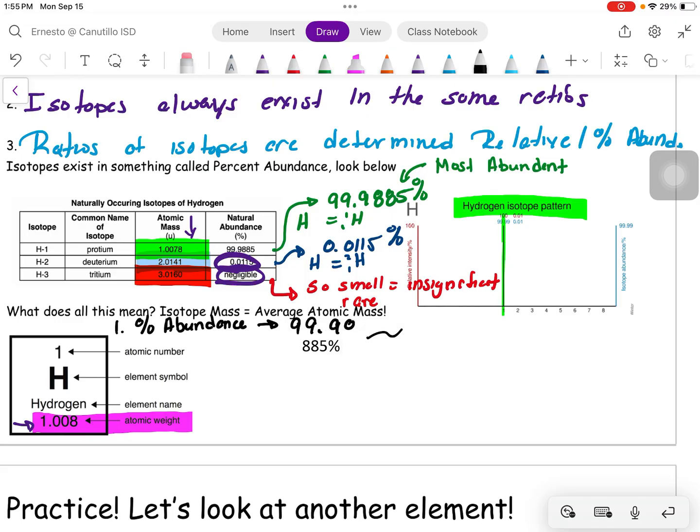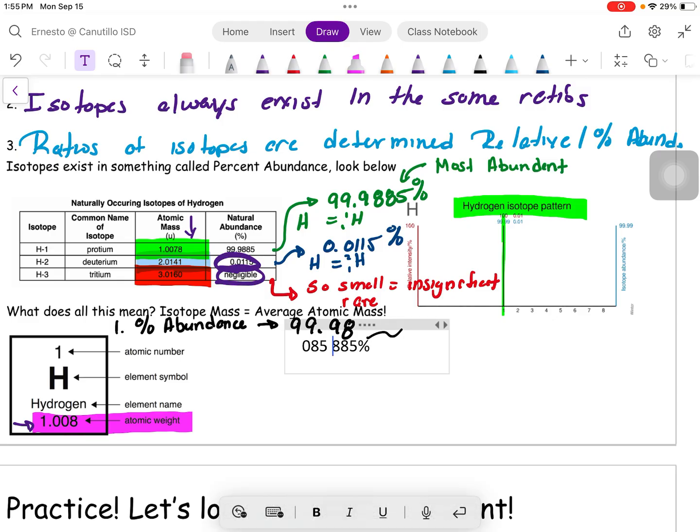I don't understand why my pen keeps reverting to text. Let me see what's going on here.